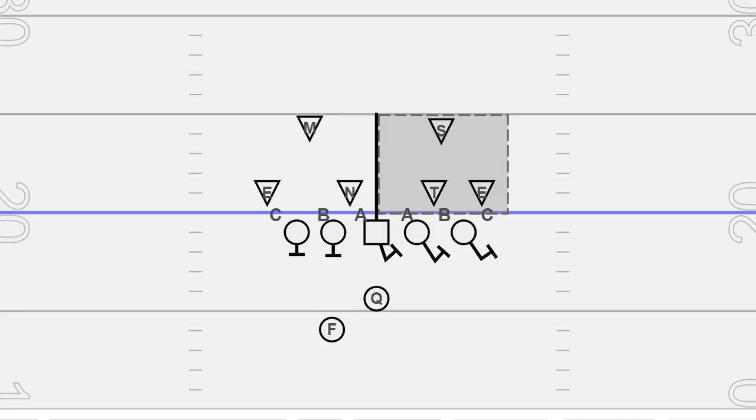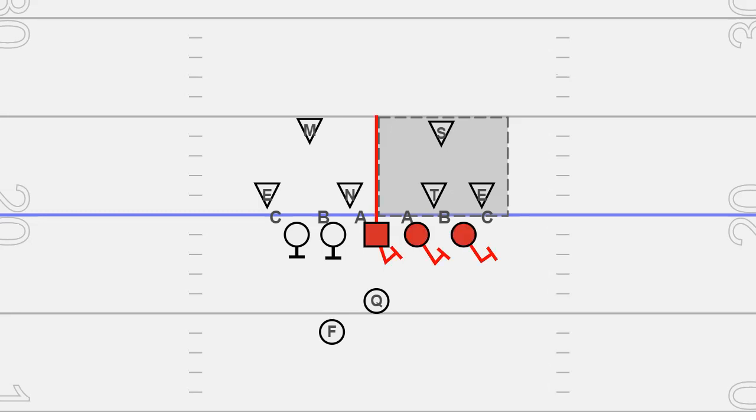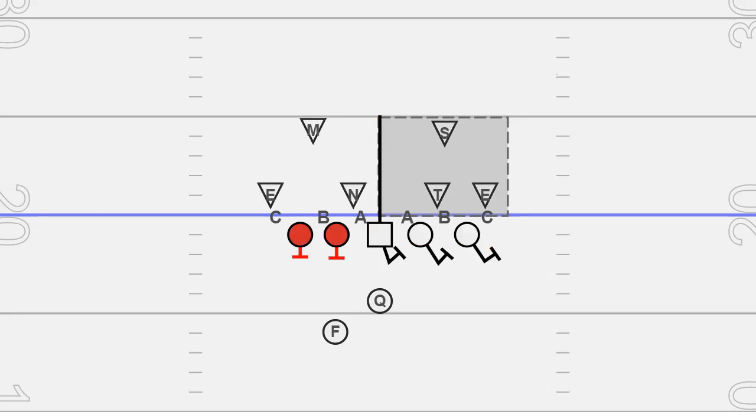The R in Fred means the same thing as the R in Roger for the offensive line. Slide to the right, man to the left.